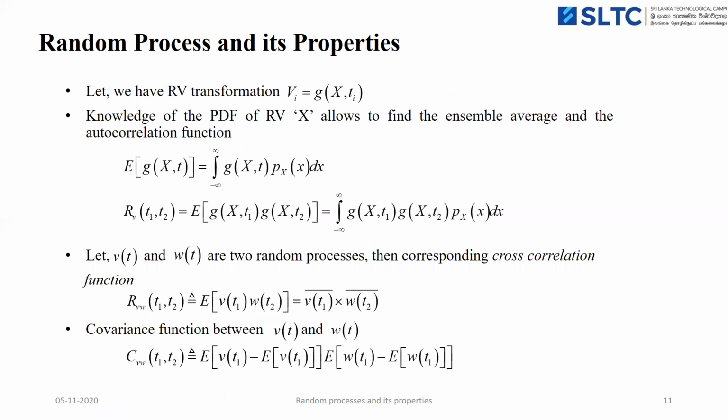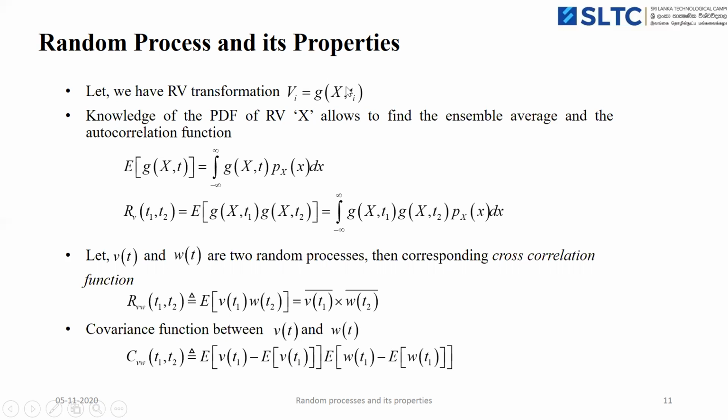Now we can consider the transformation of the random process. Like in random variables, where we studied the transformation of the random variable, in random processes also there is a transformation. So the random variable V equals g of X comma t, meaning the random variable V depends on another random variable X and the time parameter t.